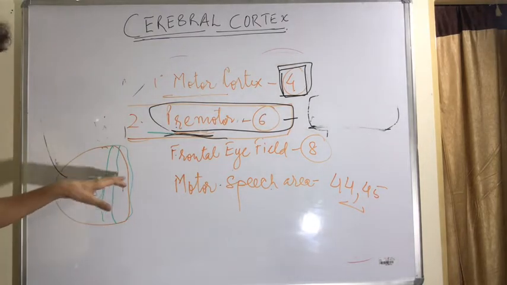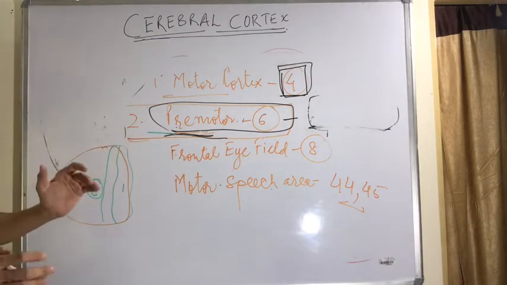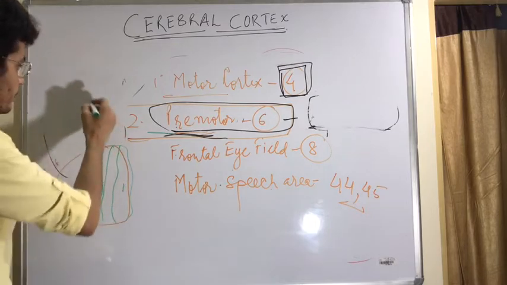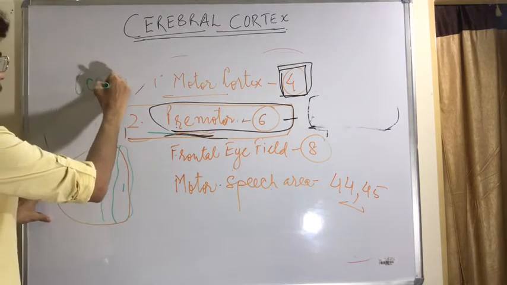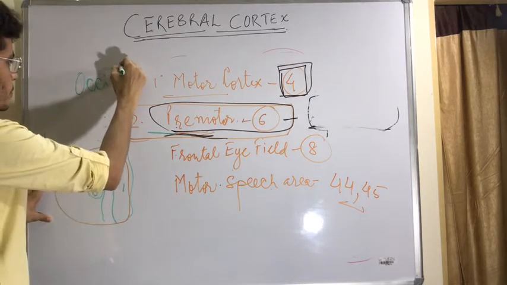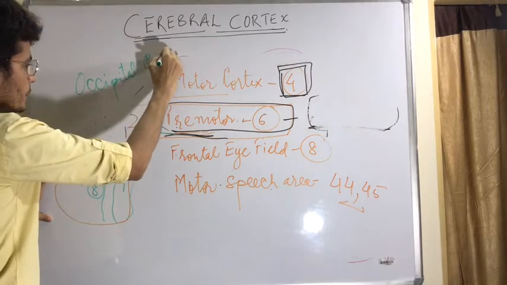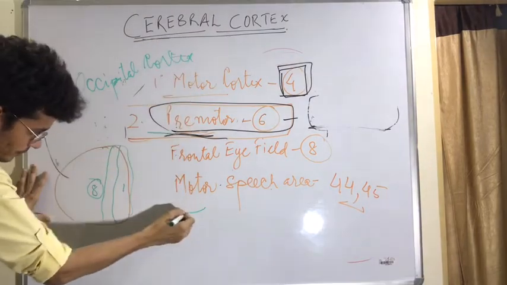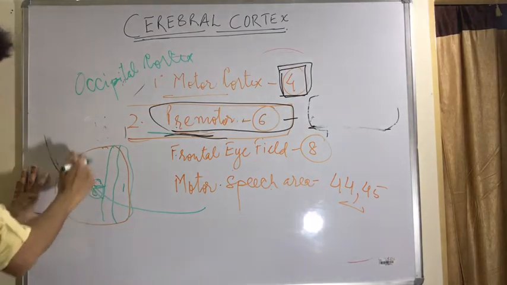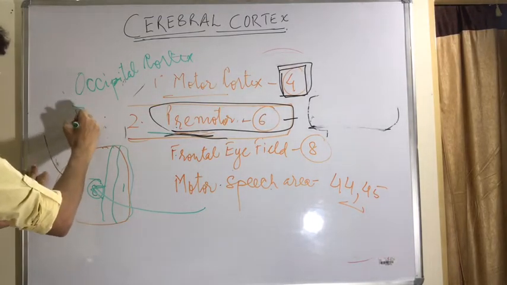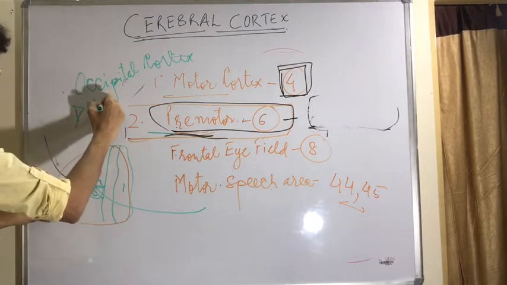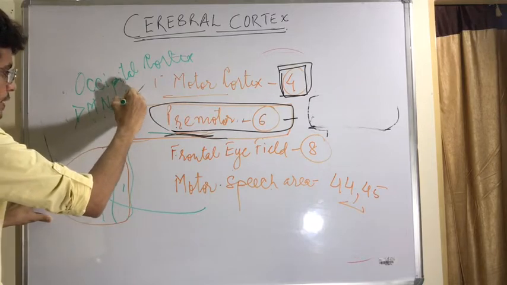Now this frontal eye field receives afferents from the occipital lobe. The occipital cortex will send afferents, and the second is the dorsal medial nucleus of the thalamus.